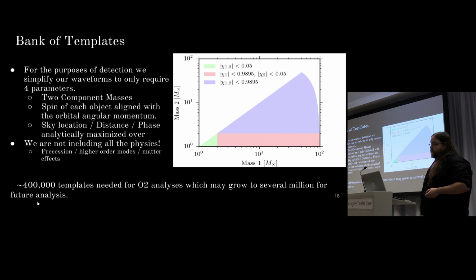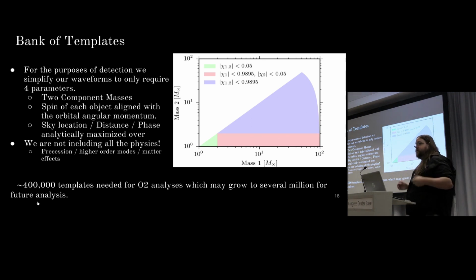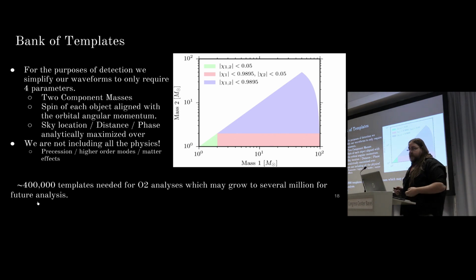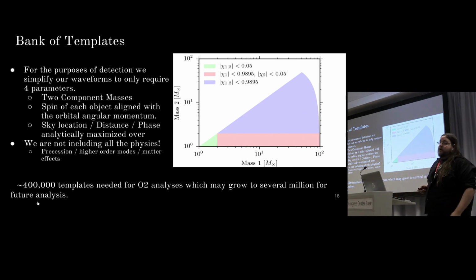So what we do is we create a collection of different waveforms called a bank of templates that represent any kind of system we could possibly find. And for very simplified purposes, what we currently do is we have essentially 4 parameters which describe our waveforms. There are, of course, many more, but we do not include all of the physics.